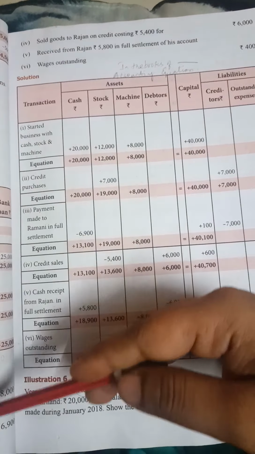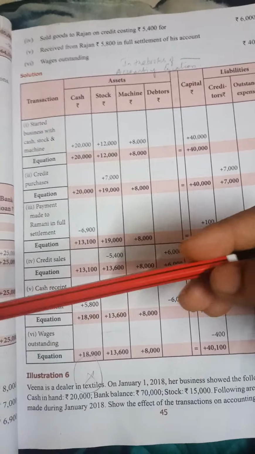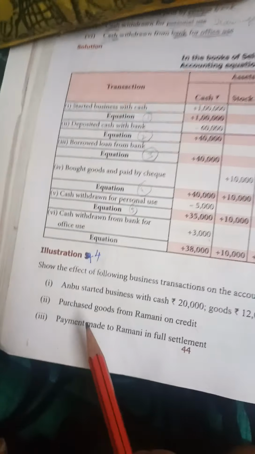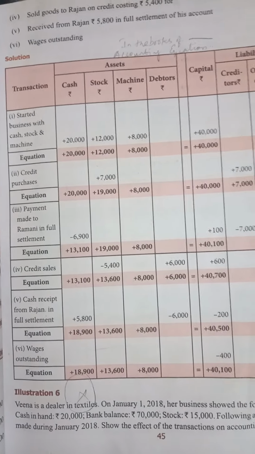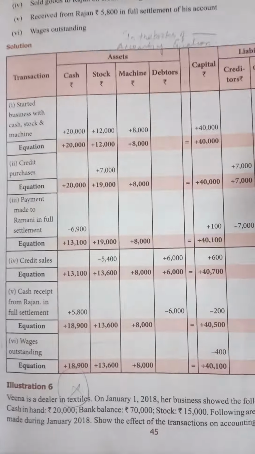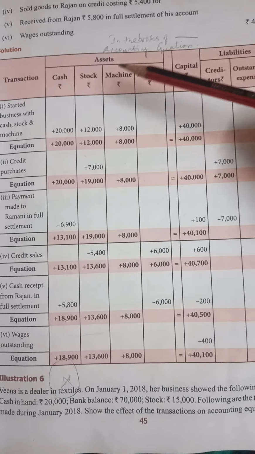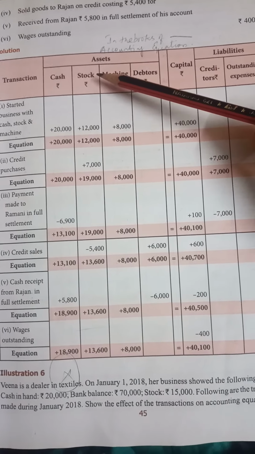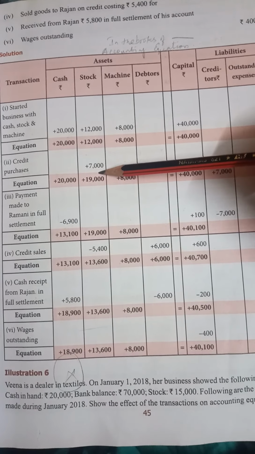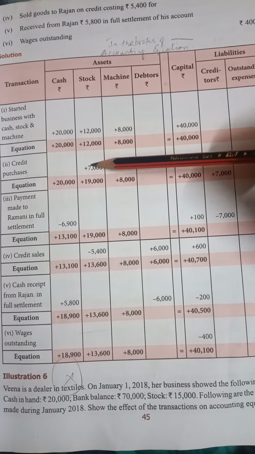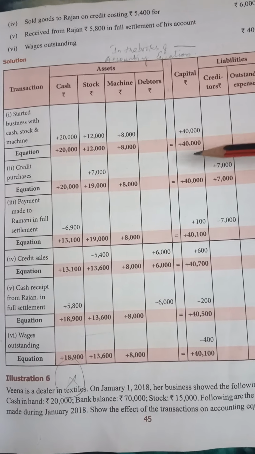You can just directly write whatever is given in the sum: purchased goods from Ramani on credit for rupees 7,000. When you are purchasing goods, automatically your stock will increase. Goods is always stock, so here stock is going to increase by rupees 7,000, so you write plus 7,000.